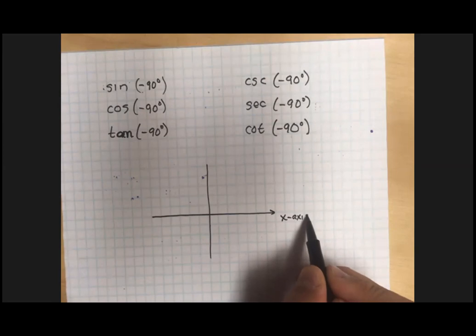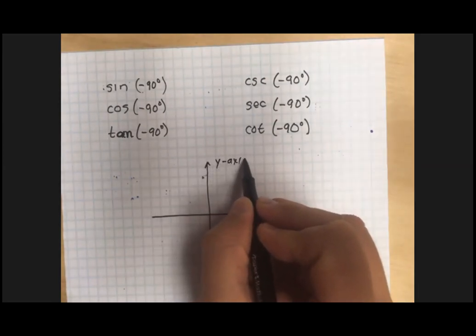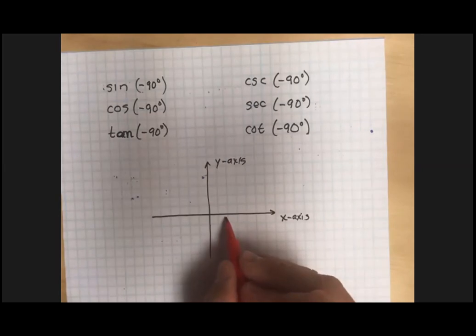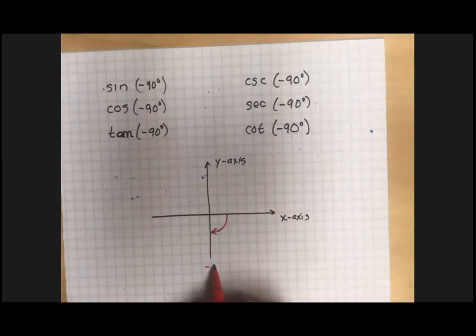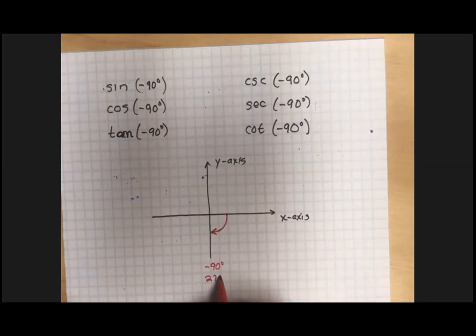X-axis. You can always label these x-axis, y-axis. If you like, it's kind of handy to say x-axis, y-axis instead of just x and y, because we're frequently using x and y. Minus 90 is going down here. You could have also said 270 degrees, but the question said minus 90.